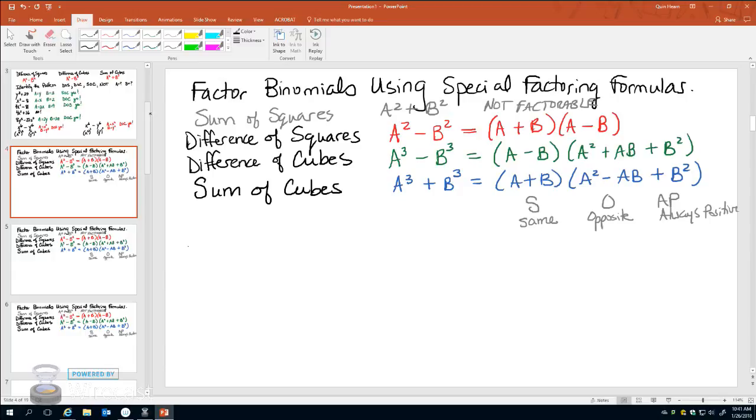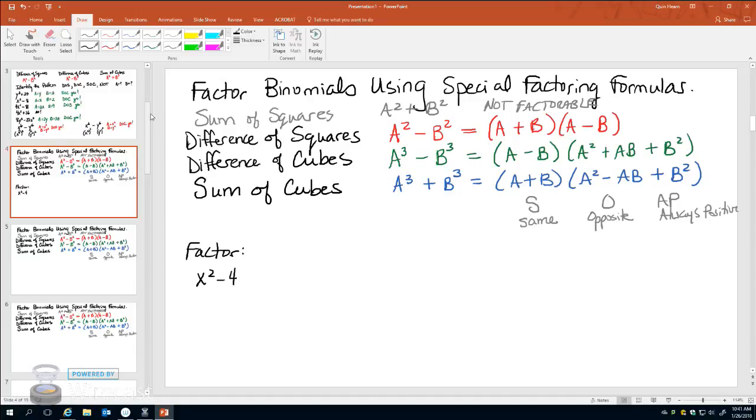So for our first example, we're going to factor x squared minus 4. We want to see if it fits one of these patterns. As soon as you see that you're factoring a binomial, you're going to compare it to these patterns. Notice it's a difference, so it could possibly fit a difference of squares or a difference of cubes, but we see there's a perfect square on the x here.